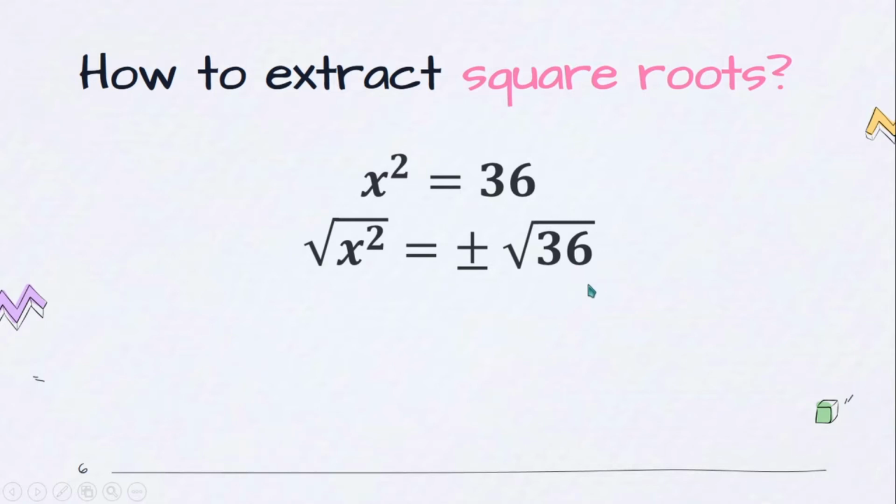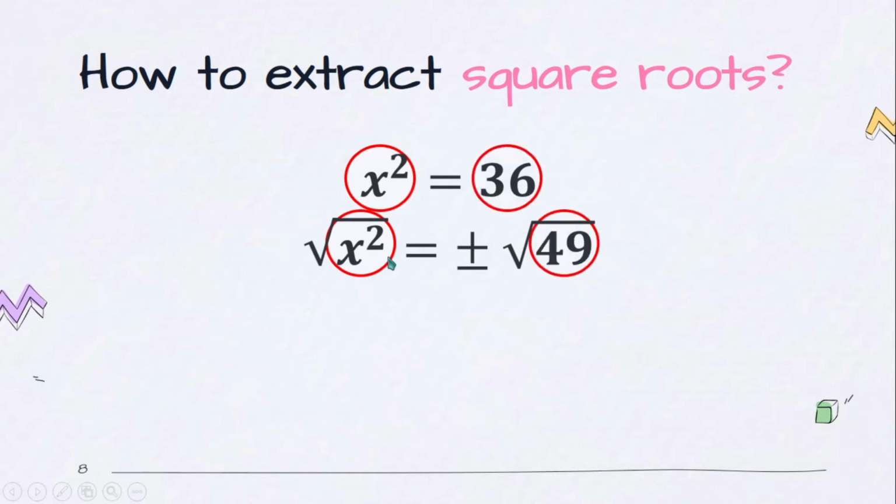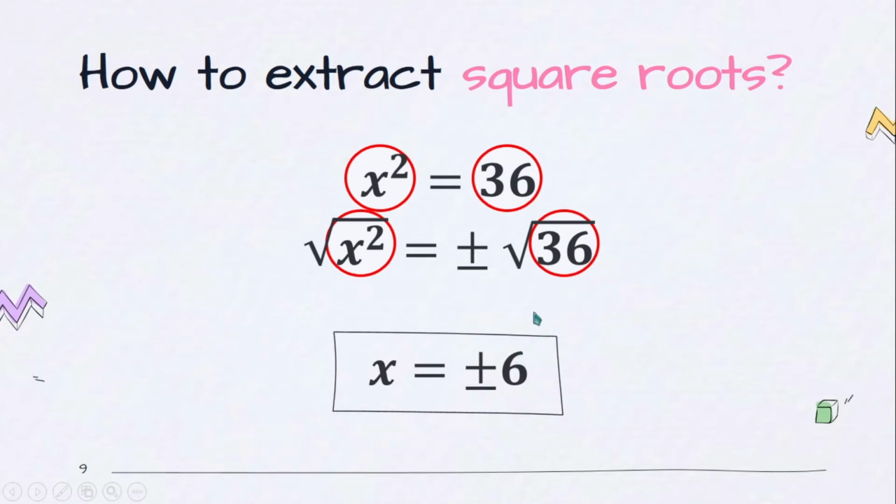Remember that we take the square root of both sides. The next step, get the square root of x squared. So we will have x. Then on the other side, get the square root of 36. That will become 6, right? So our answer is x is equal to the positive or negative 6.